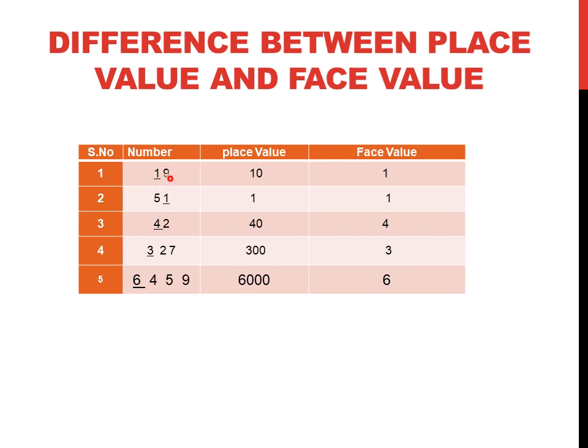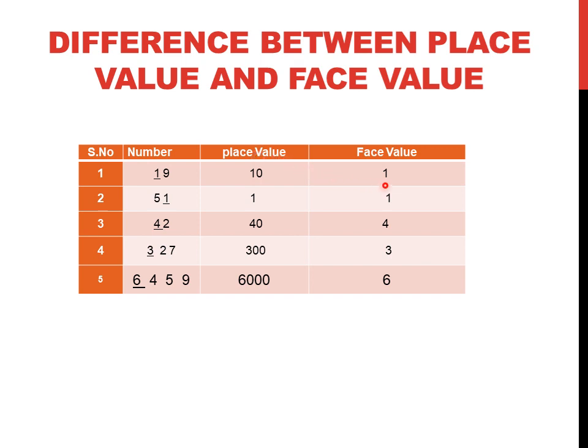Here the first number is 19. When we assign place value, 9 comes under 1's place and 1 comes under 10's place. Now the 10's place number is underlined. So how many 10's do we have? 1 ten. So 10 is the place value.